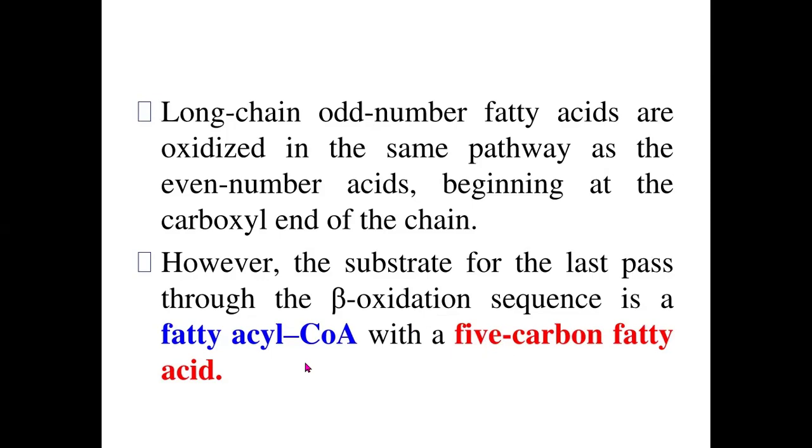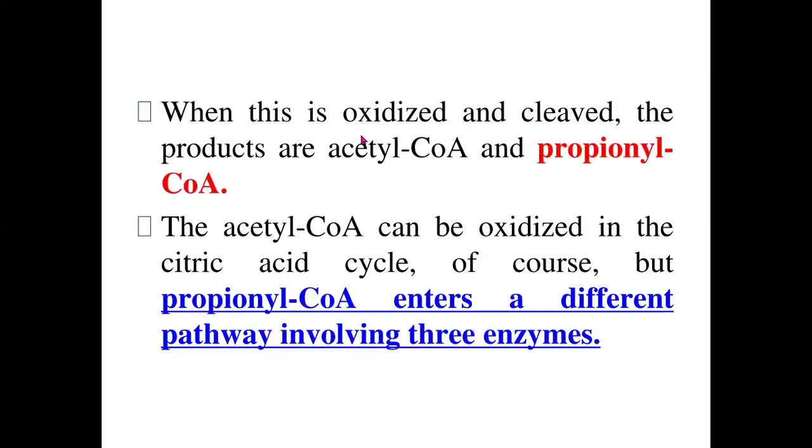Everything will occur except at the last beta oxidation cycle, which you have now a 5-carbon acyl-CoA. So now what will happen? When this is oxidized and cleaved, you produce what? Acetyl-CoA and 3-carbon propionyl-CoA. And the acetyl-CoA can be oxidized in the citric acid cycle. Of course, we know that, but propionyl-CoA enters a different pathway involving 3 additional enzymes.